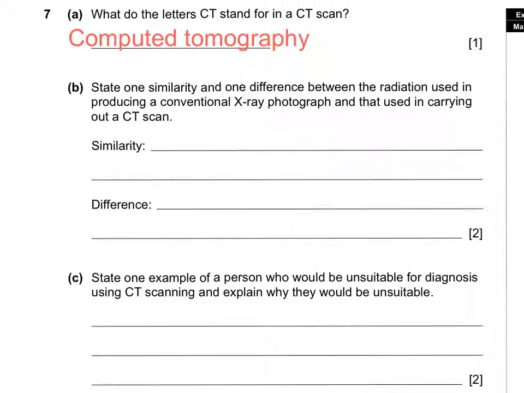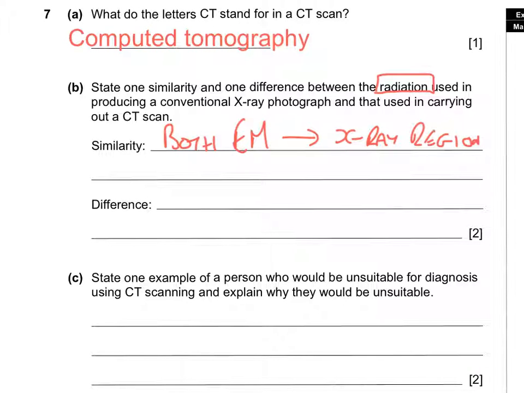State one similarity and one difference between the radiation used for producing a conventional X-ray and that used for carrying out a CT scan. Well, both of them use electromagnetic radiation in the X-ray region. But since in a CT scan the X-rays are on for much longer, you're going to get a much larger dose compared to taking a simple flash X-ray photograph, a single shot.